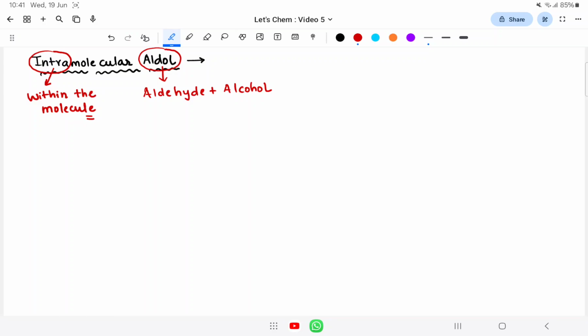So today we'll discuss the shortcut methods to perform intramolecular aldol condensation, and we'll see that there are two different tricks that I would be sharing with you today. Whichever you like, you can prefer that, and we'll be seeing some very important mechanisms also. Okay guys, so I think it's all set, so let's start.